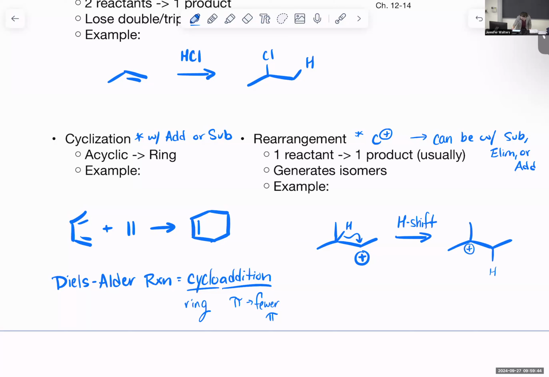And we're just making that structural isomer where the hydrogen was attached to the tertiary carbon, now it's attached to the secondary carbon. But that gives us a tertiary carbocation. So that's really when we're going to see rearrangements. But it'll be a part of addition, substitution, or elimination.